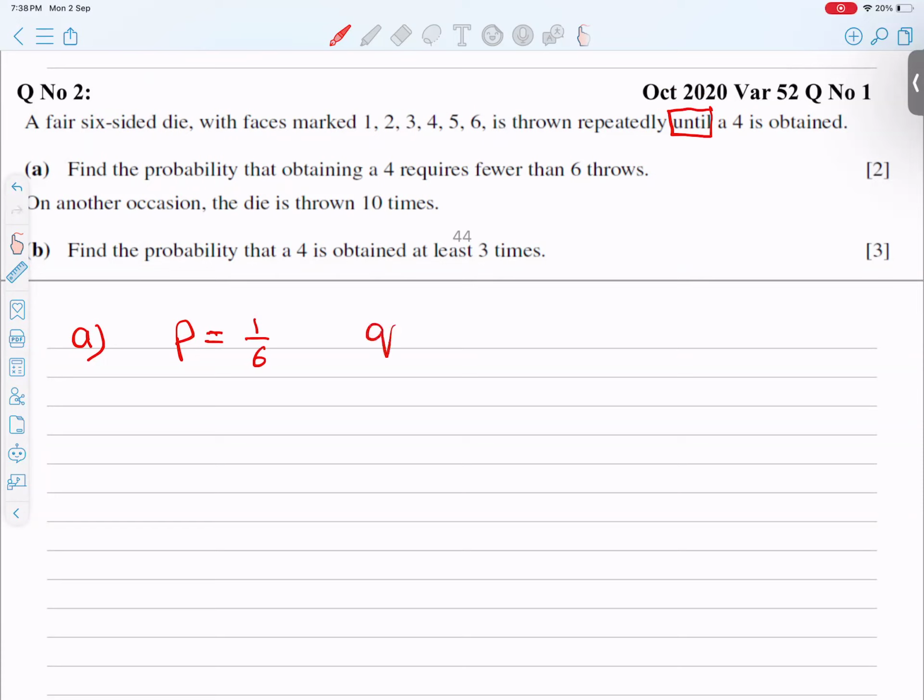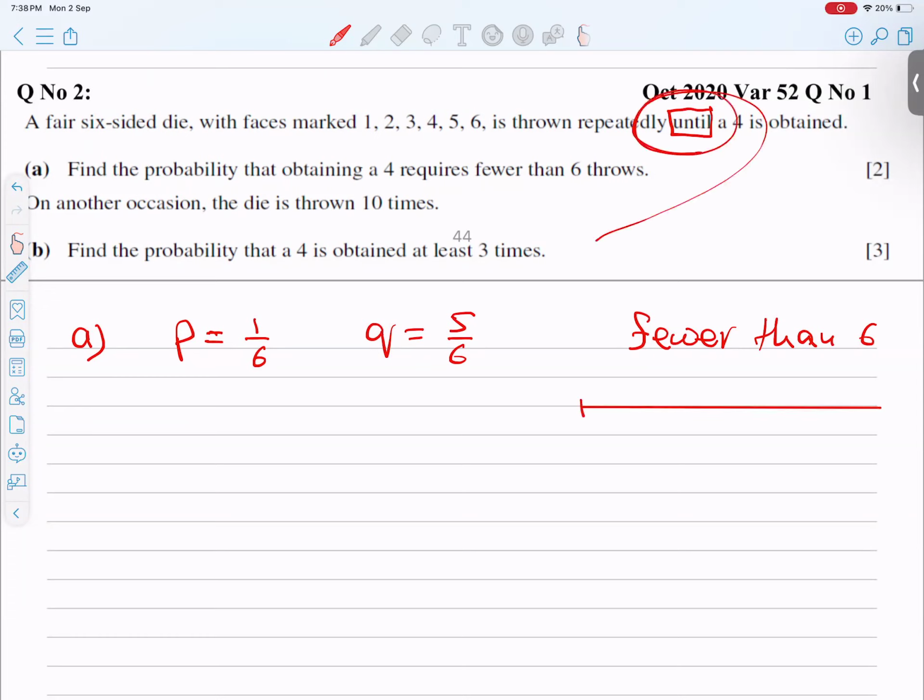And q turns out to be 5 over 6. But now he said to find the probability that obtaining a 4 requires fewer than 6 attempts. If I draw a number line, it helps you understand the concept, because it's geometrical, the "until" word is there.